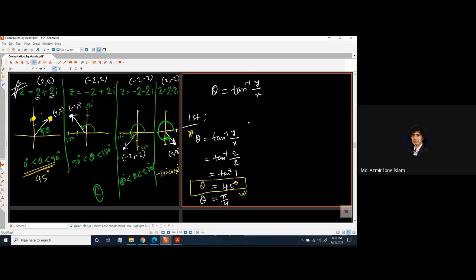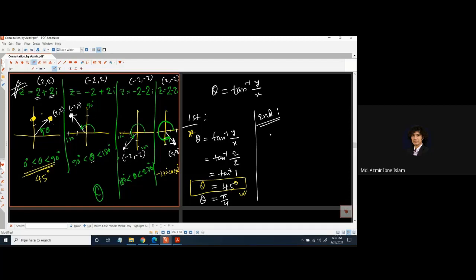Let's think about the second example. The second example is negative 2 plus 2i. With our general view, we can understand that the angle lies between 90 degree and 180 degree.